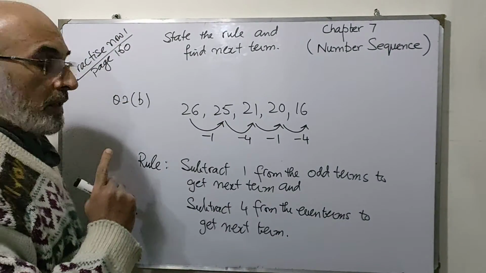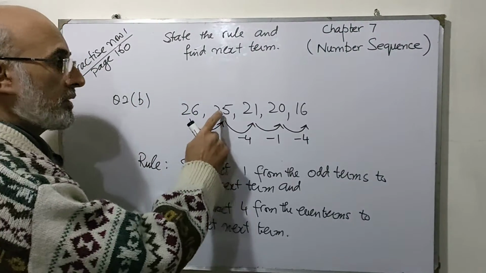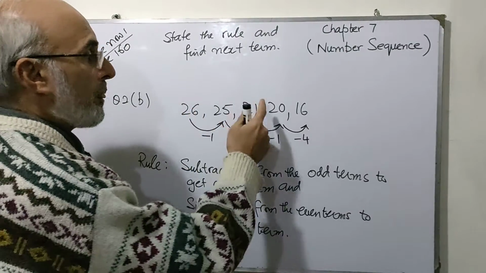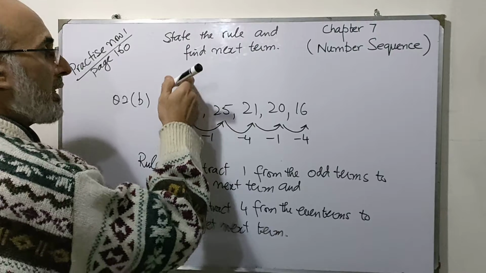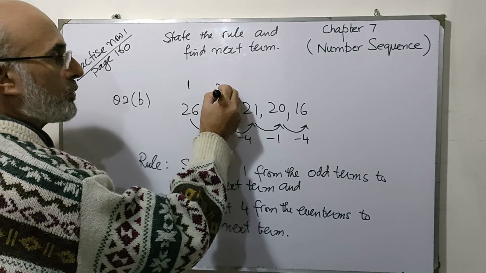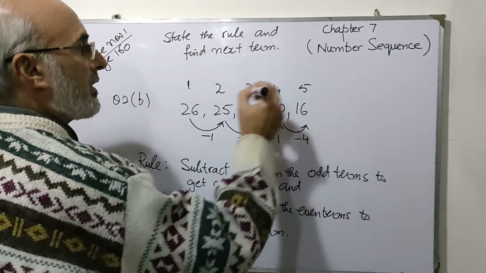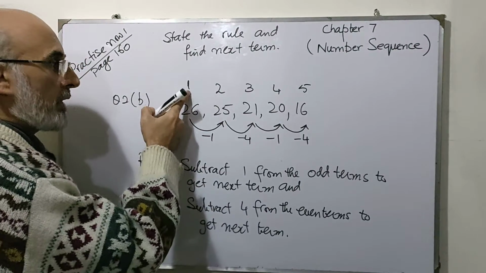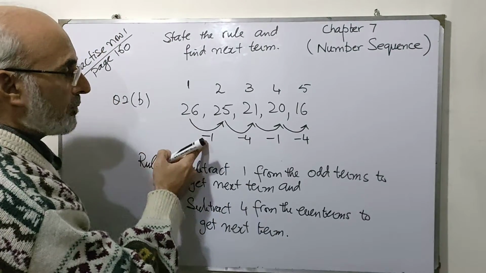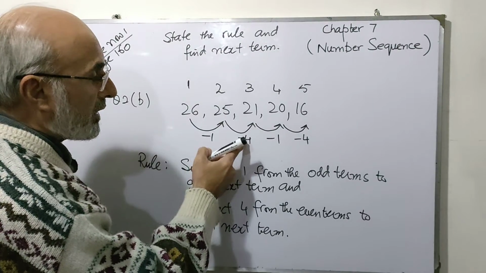So again, this is term 1, and 1 is odd. This is term 2, and 2 is even. Term 3, odd term. That is the number of the term. The number of the term is 1, 2, 3, 4, 5. So term number 1 is an odd number, so we are subtracting 1. Term number 2 is an even number, so we are subtracting 4.